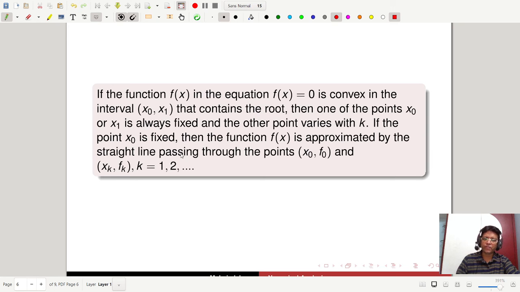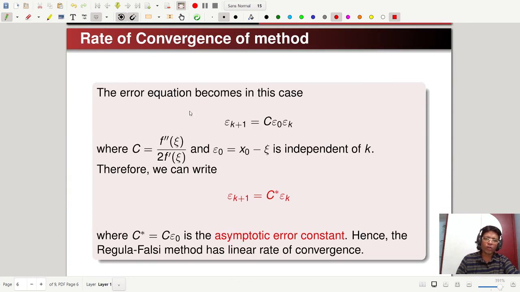If the point x0 is fixed, then the function f(x) is approximated by the straight line passing through the points (x0, f0) and (xk, fk), k = 1, 2, etc. So the error equation becomes, as we calculated previously for Newton-Raphson, epsilon_{k+1} equal to C epsilon_0 epsilon_k, where C is f''(xi) by 2f'(xi) and epsilon_0 is x0 minus xi, independent of k.